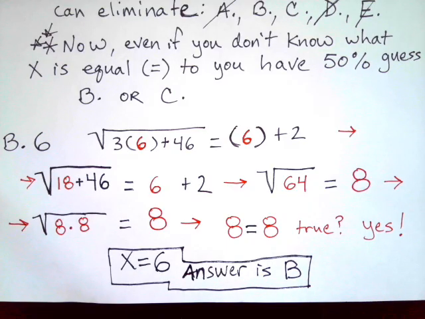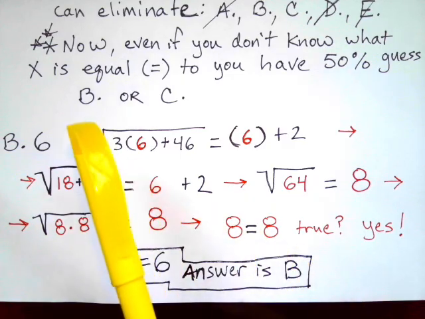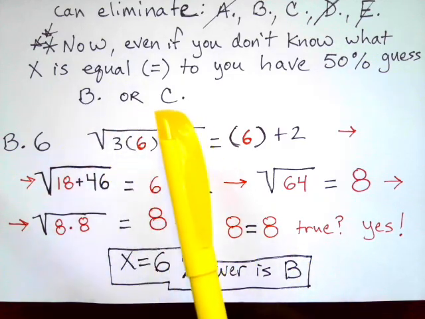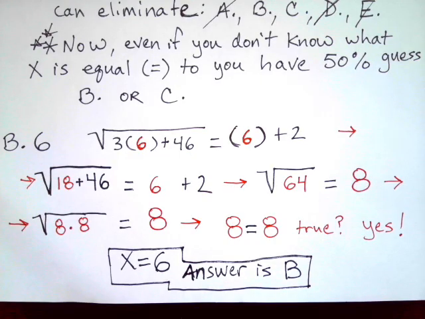Now, even if you just guess that, you've got a 50% chance of guessing B or C, right? But what I'd like to do in this next video, part 3, is to show you step by step how to solve and how to factor to find the answer. But again, both of these methods will work.